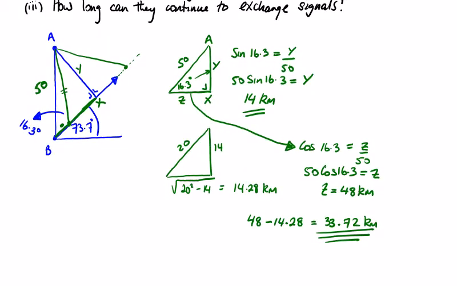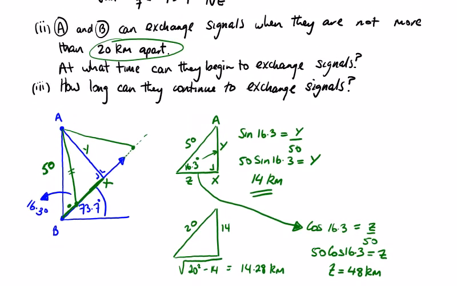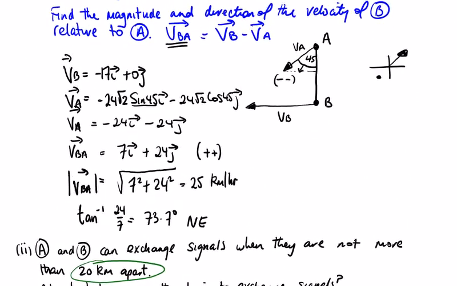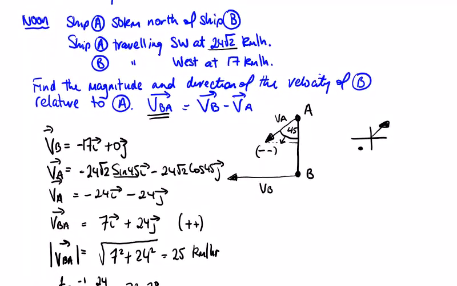So it's going to have to travel for 33.72 kilometers. So that's my distance, 33.72. The speed it's traveling at, what speed was it traveling at? The velocity of B relative to A was 25.